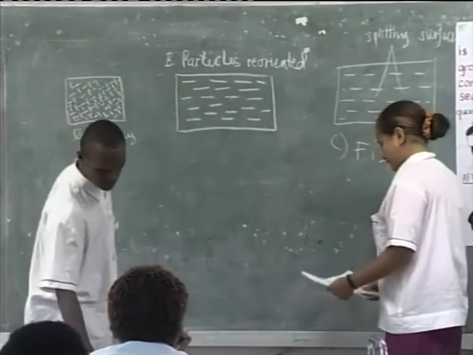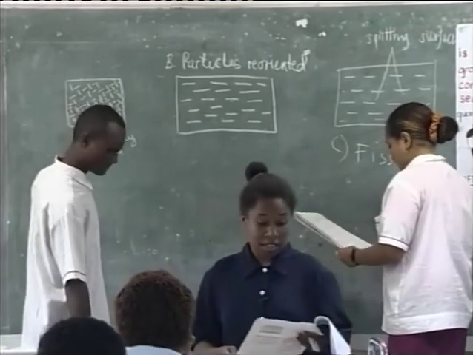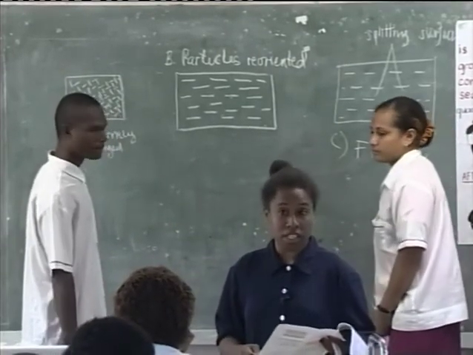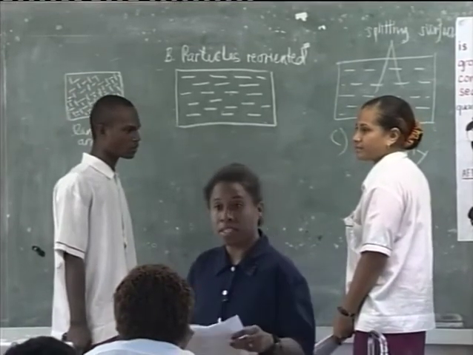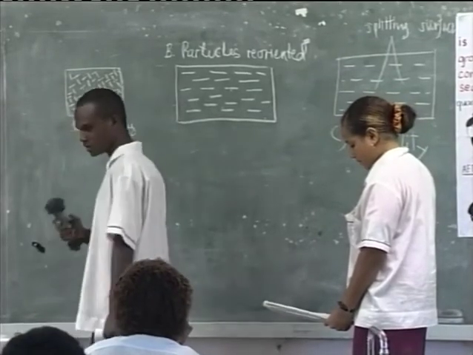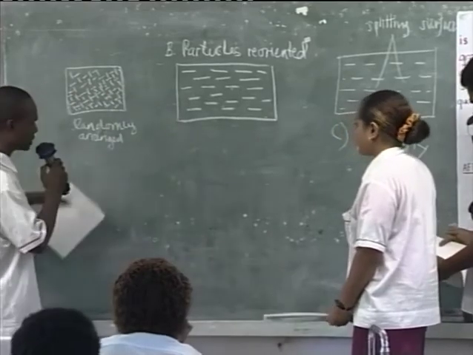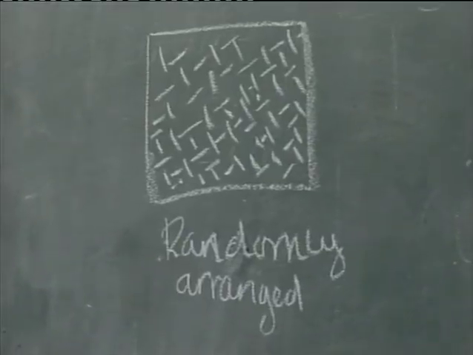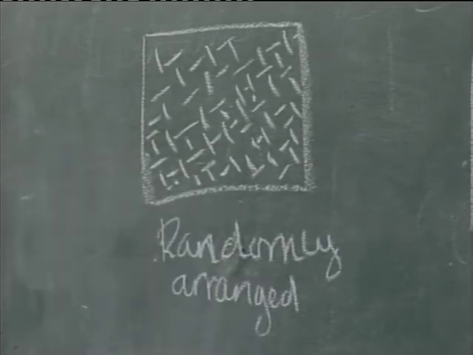And the rest of us, while they're getting organized to explain what they have put up, the question again was for you to describe with sketches how wet mud compacts before it becomes shale. Firstly, in this diagram, you can see particles of silt and clay, which are randomly arranged, meaning not in order.